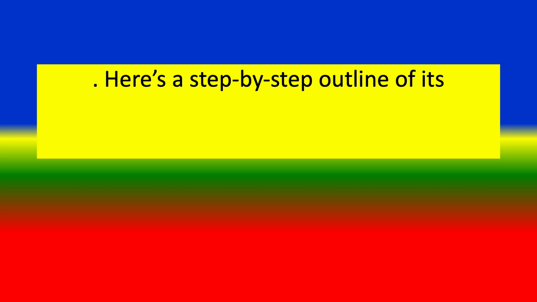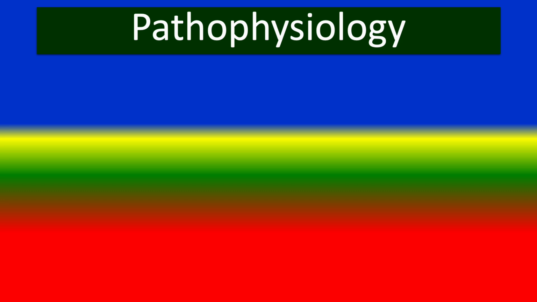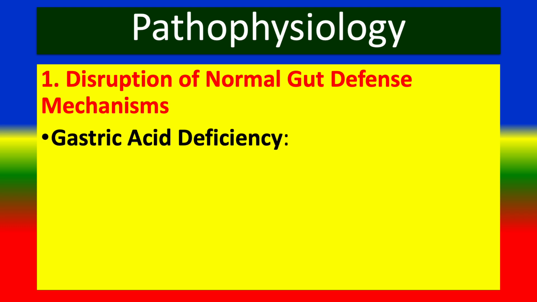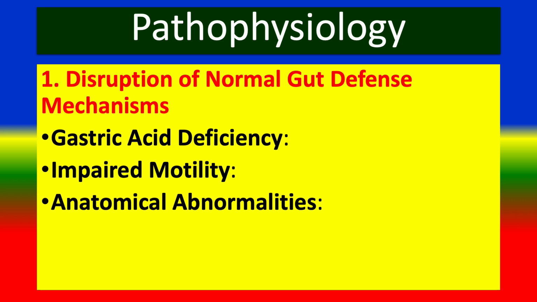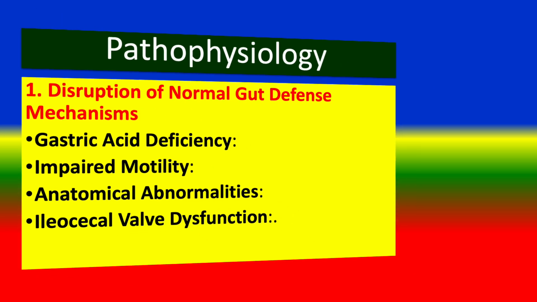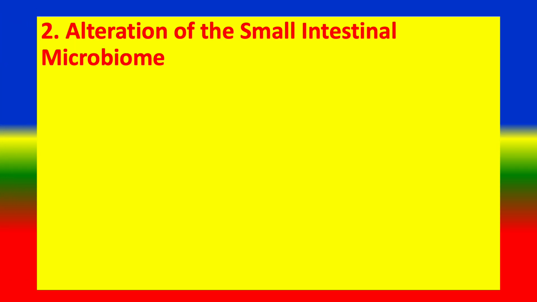Here's a step by step outline of its pathophysiology. 1. Disruption of normal gut defense mechanisms: gastric acid deficiency, impaired motility, anatomical abnormalities, ileocecal valve dysfunction. 2.